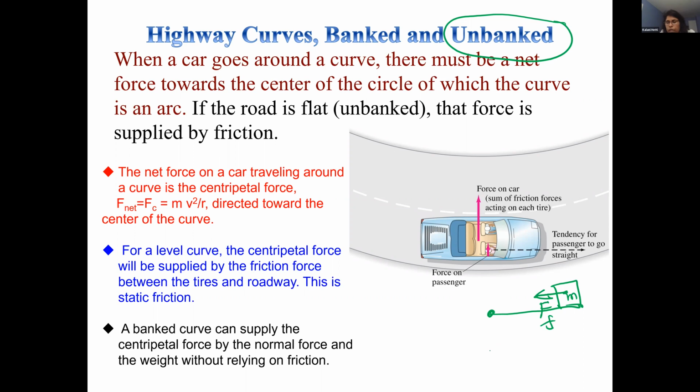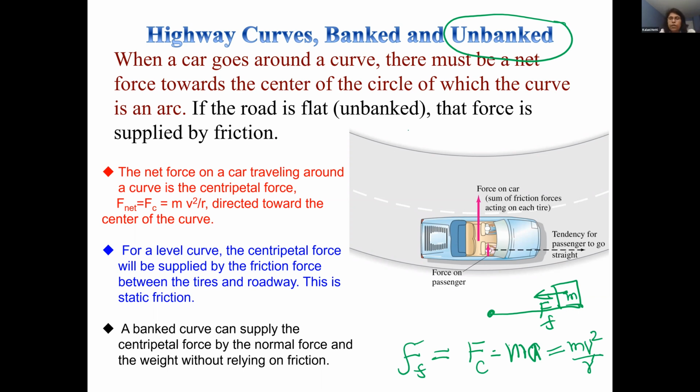Now if you write Newton's law toward the center, F equals mass times acceleration toward the center. My mass is m, and the acceleration toward the center will be v squared over r, so this will be mv squared over r, and this will be your centripetal force. If the centripetal force is friction force, then this will be it, right?